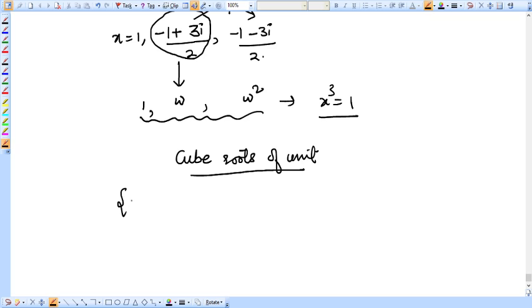So the cube roots of unity are 1, omega, omega square. If I take this as a set, then this is a group.